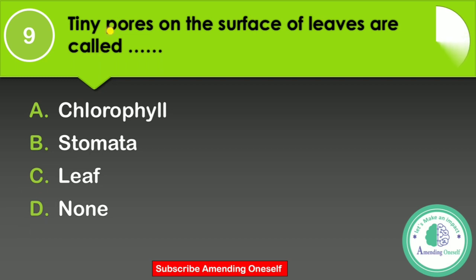I repeat the question. Question is, tiny pores on the surface of the leaves are called. Options are option A, chlorophyll, option B, stomata, option C, leaf, or option D, none.